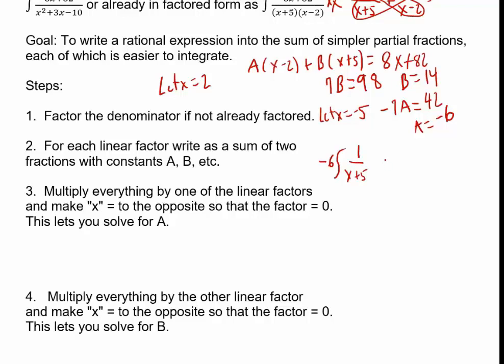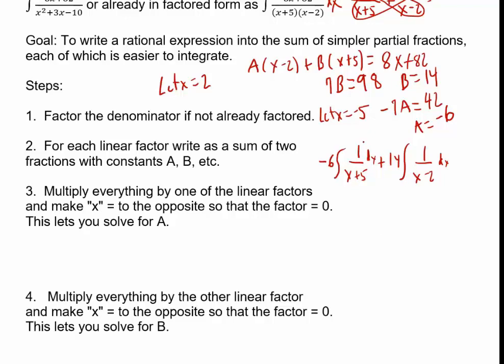And then I'm going to pull out the b value of 14, which goes over the x minus 2, so plus 14, and then the integral of 1 over x minus 2, and then these will both have a dx at the end. All right, now I've broken this thing apart into two separate things that I can integrate separately.